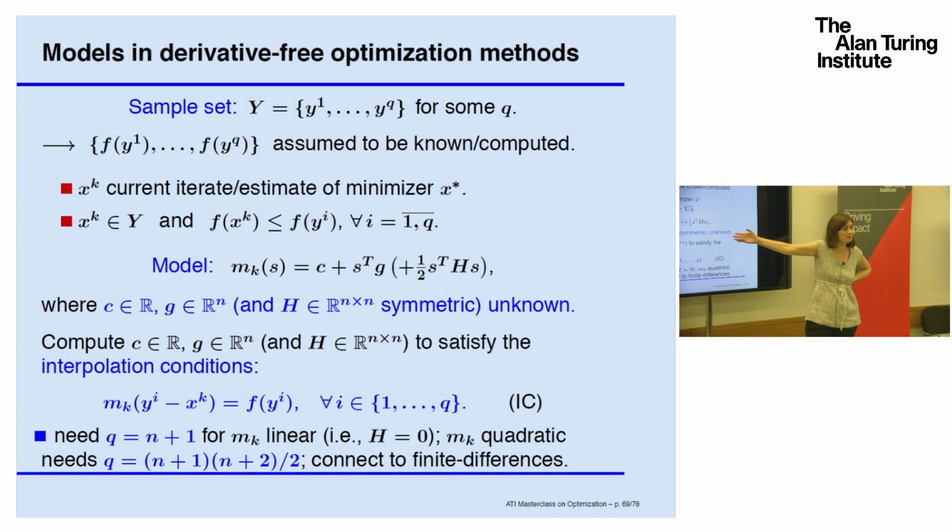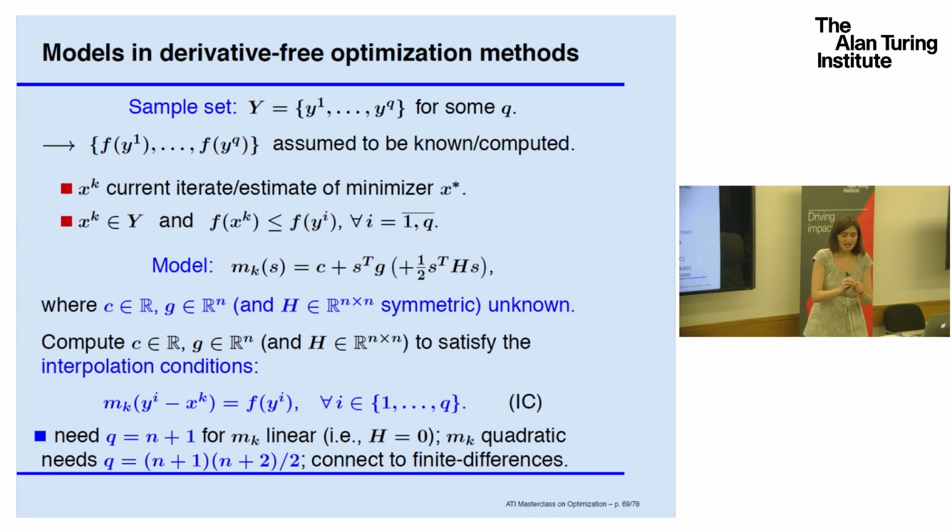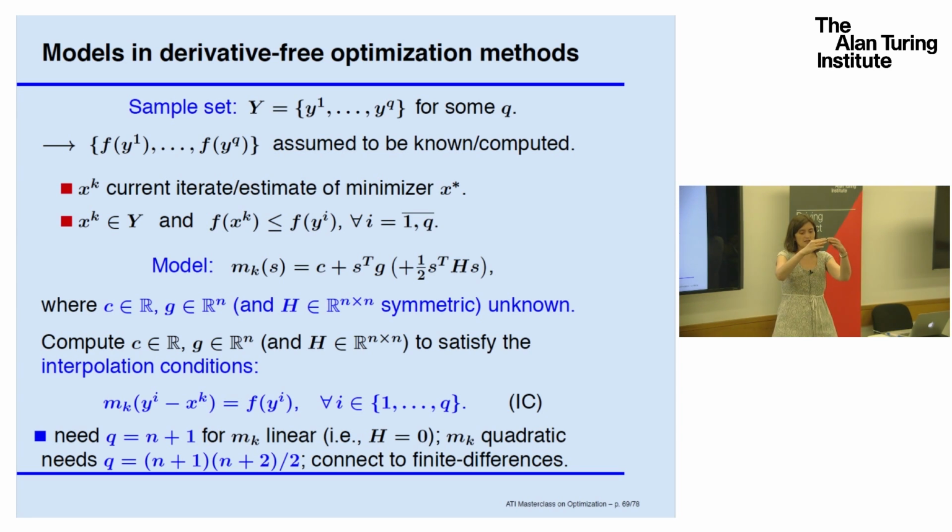I said that I want these methods to be cheap in terms of function evaluations, because f may be very expensive. So what these methods do is the following. They start, for example, at the origin and take another n points or 2n points along the coordinate directions, at distance 1, a very specific, nice simplex to start with.